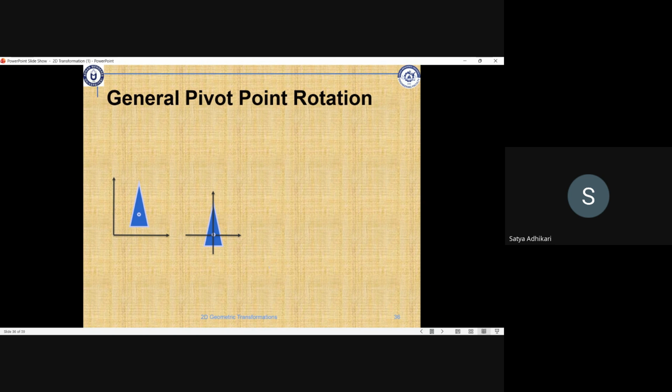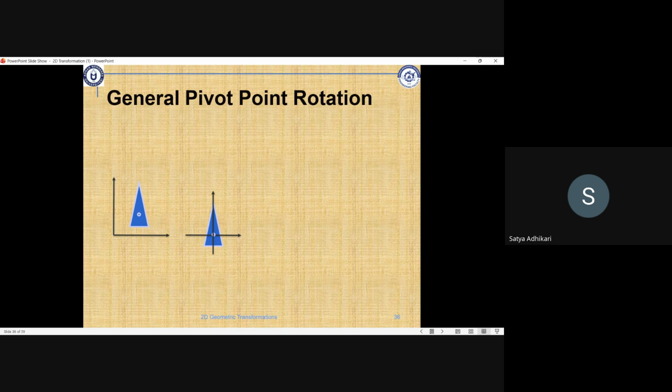So this is the object. We have to rotate that object either clockwise or anti-clockwise. There is a pivot point, and I want to rotate that object with respect to that pivot point. But there is no direct formula for a pivot point. We have to move that point to the origin.